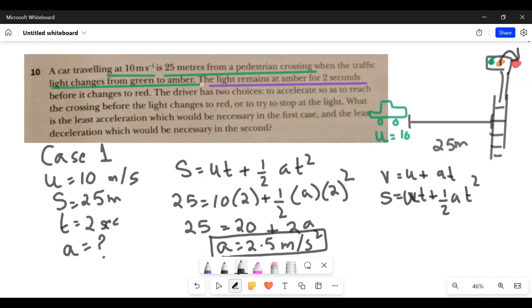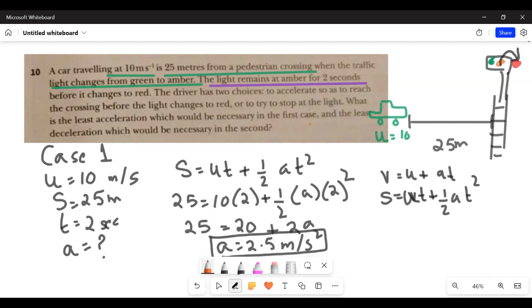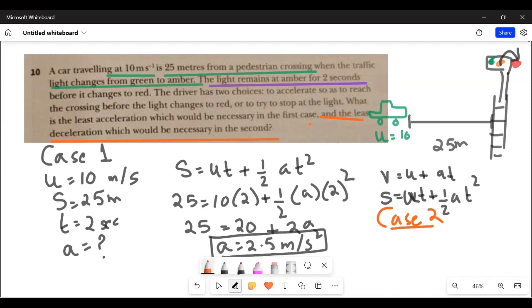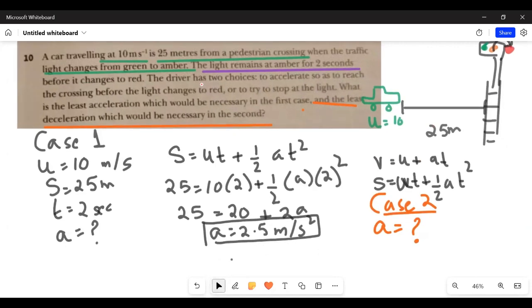Now you have to find the deceleration for the second case. Now, what was the second case? Okay, for case 2, again, we have to find the deceleration, which is negative acceleration. So we basically have to find acceleration. And what else do we know about the second case? In the second case, the driver has to stop.